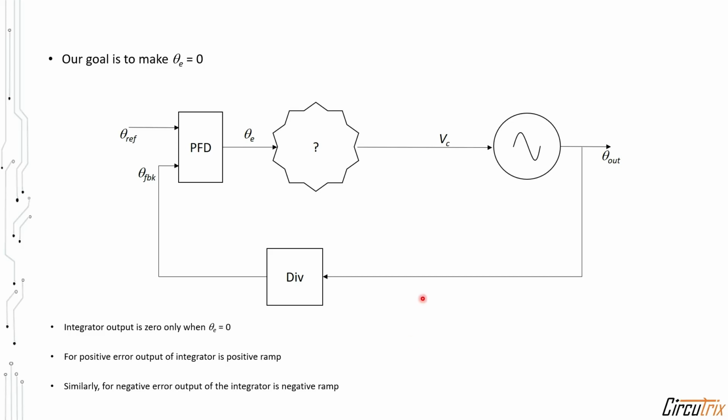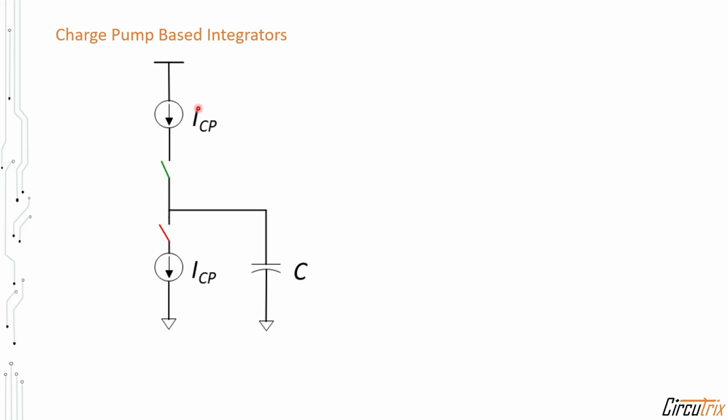Now let us understand how to implement an integrator. Here we will be using a charge pump based integrator. We have two current sources of equal value connected as shown over here. When this switch is closed, this current will charge this capacitor with a slope equal to ICP divided by C, which is a positive slope.